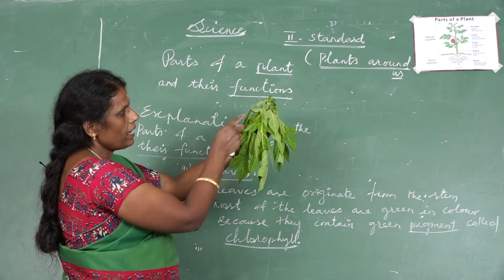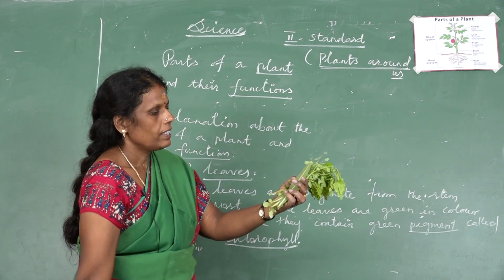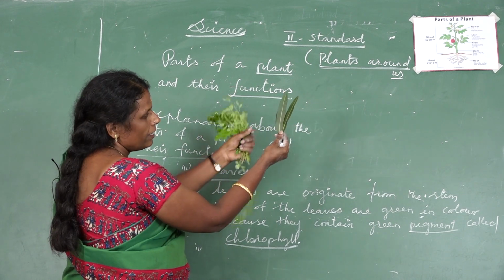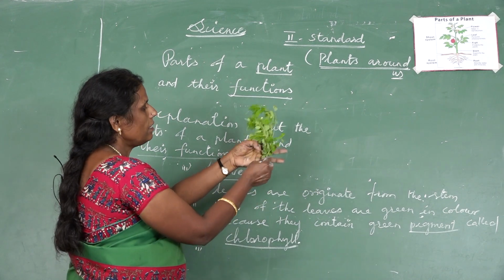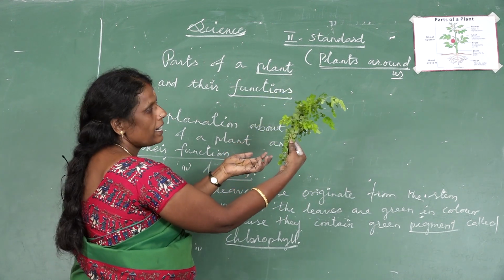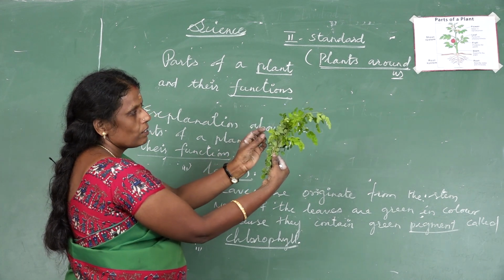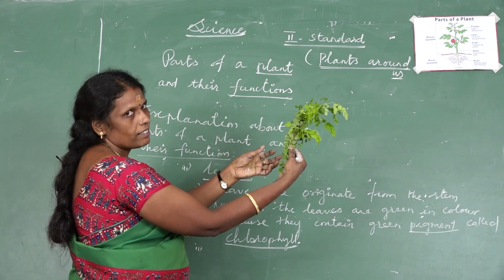It is big and broad. The second leaf is oleander leaf. It is long. See these leaves. These are drumstick leaves. They are small in size. So the leaves are of different shapes and sizes.